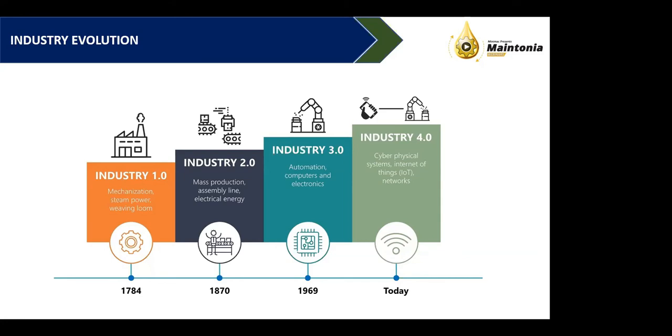Then in 1870, when Britain was almost leading half of the world, Industry 2.0 was at its peak, when we started batch production, mass production, line production, like we do in automotive industries nowadays.